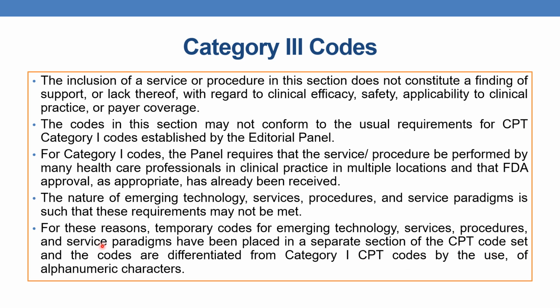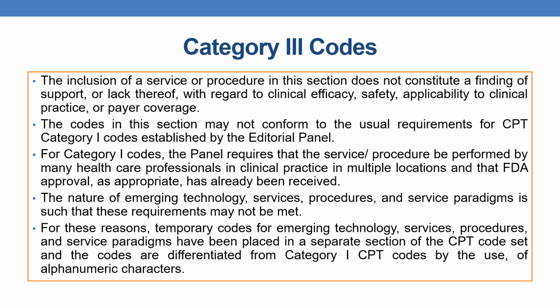of the CPT code set, and the codes are differentiated from category 1 CPT codes by the use of alphanumeric characters. The category 3 codes use both alpha and numeric characters. By that, they differ from category 1 codes.